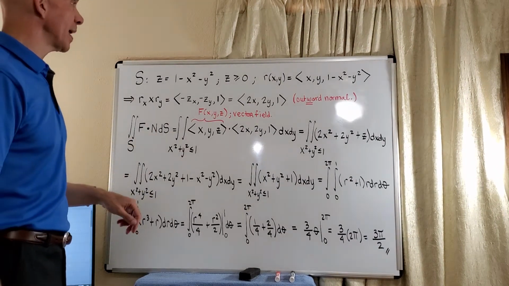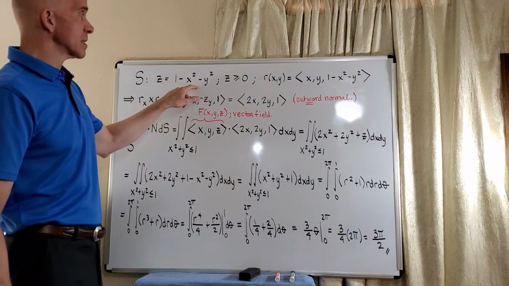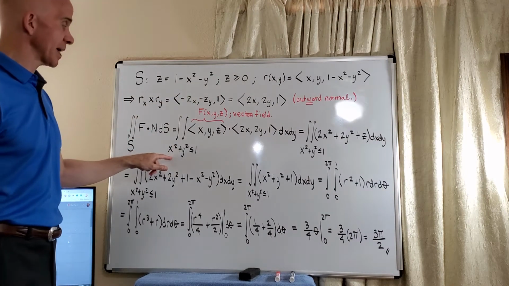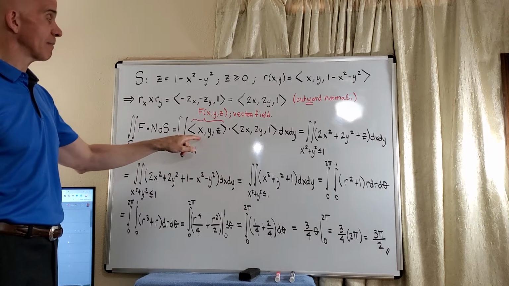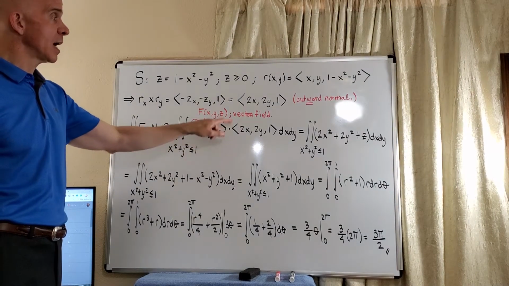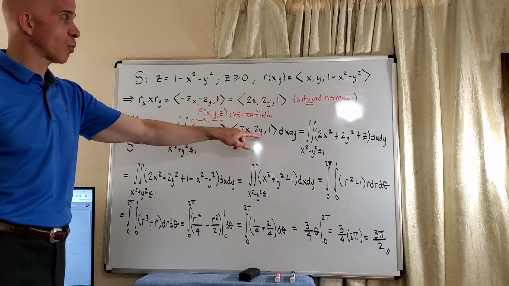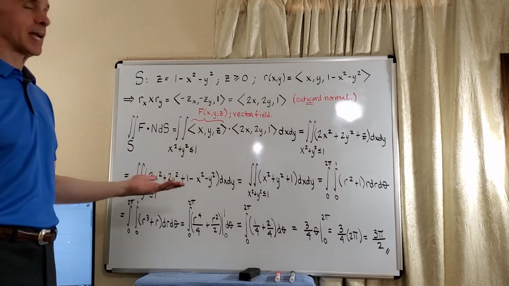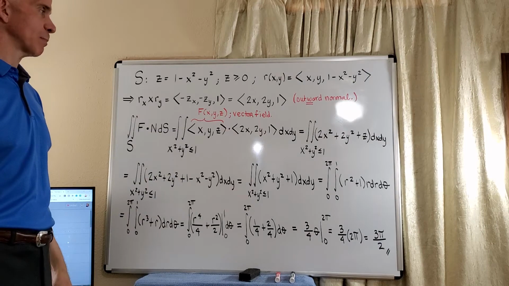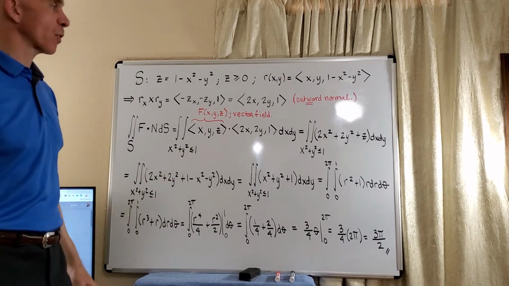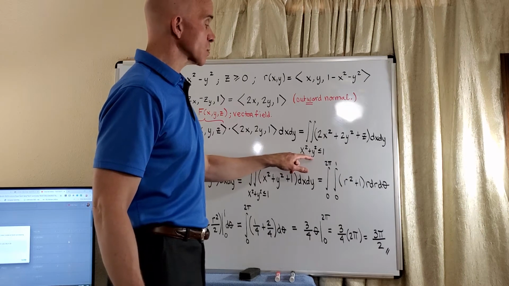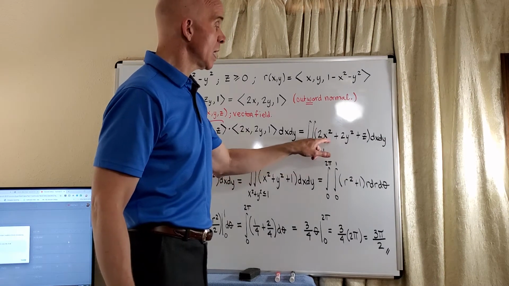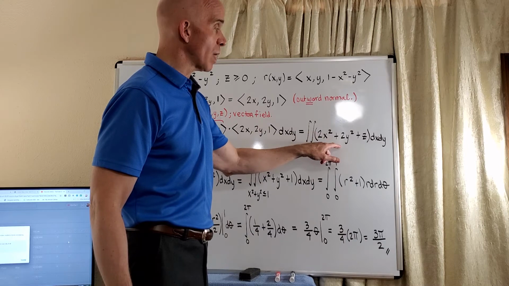And so now what we have, if we project this into the xy plane, we certainly have x squared plus y squared is less than or equal to 1, and we have x, y, z dotted with the normal 2x, 2y, comma 1. So again, just like the line integral as we had before, we perform the dot product and we get the double integral over x squared plus y squared less than or equal to 1 of 2x squared plus 2y squared plus z.